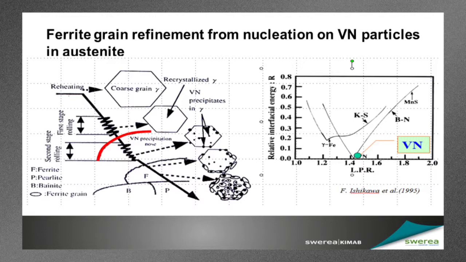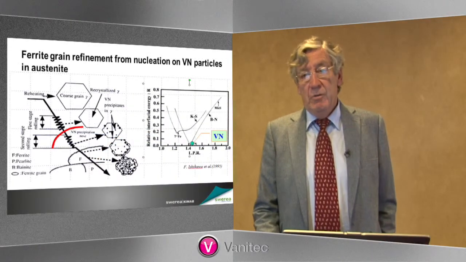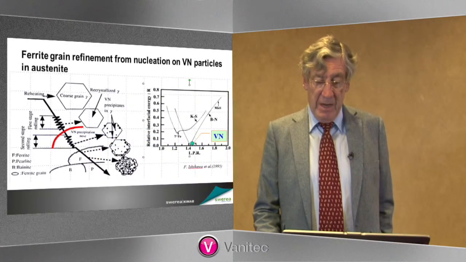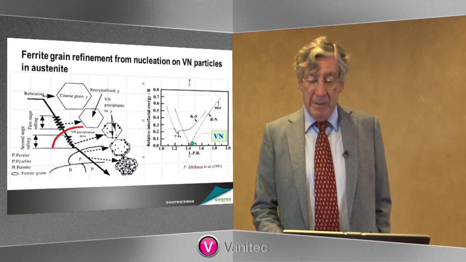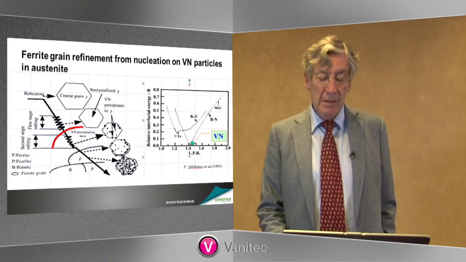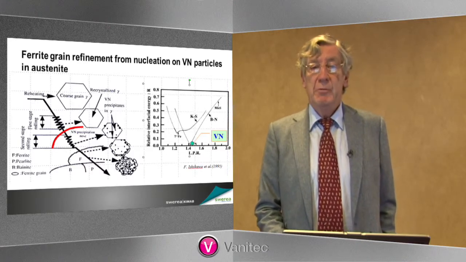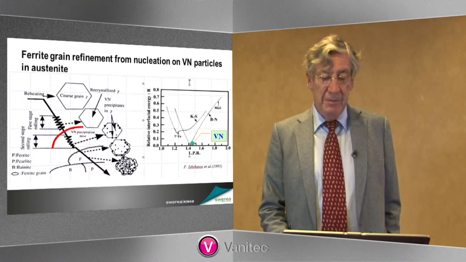So there are other elements, manganese sulfide and austenite, that are shown, but the green point here, the vanadium nitride, is almost the ideal structure in order to nucleate ferrite from high temperature austenite. That, as you can see, is quite old work, but comes from Ishikawa in Japan. A good indication that we've been able to understand much better with the help of this.